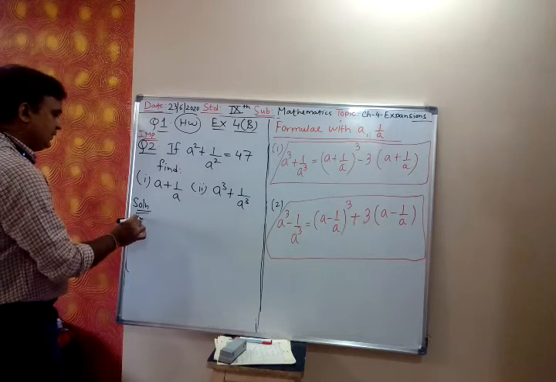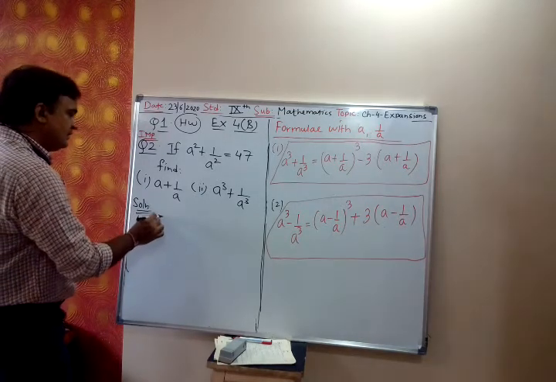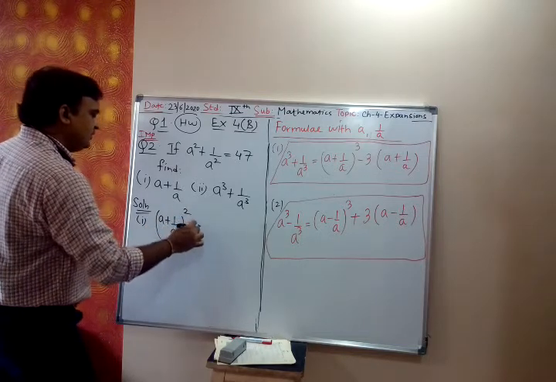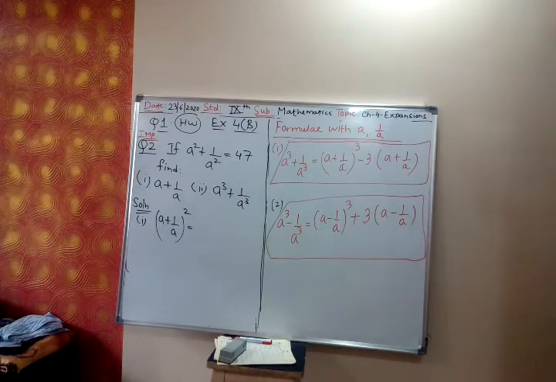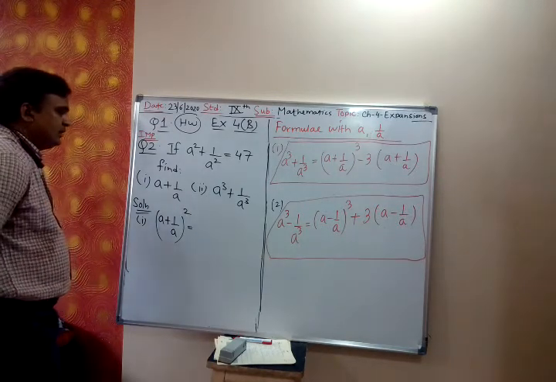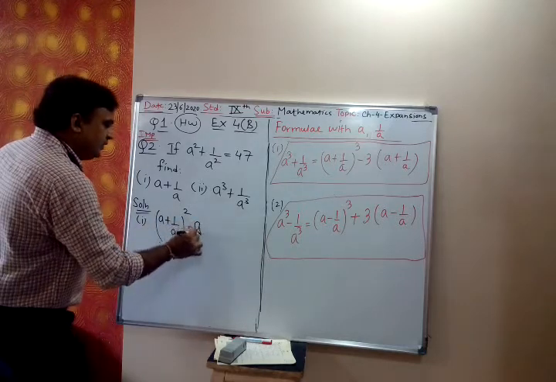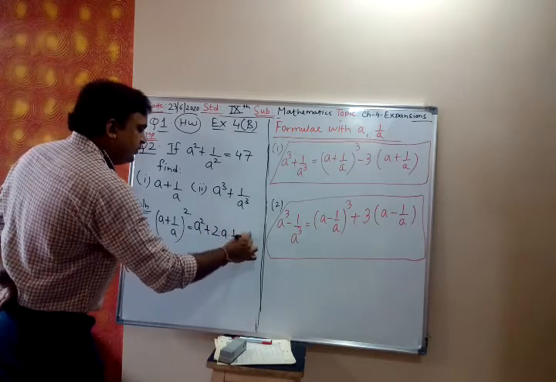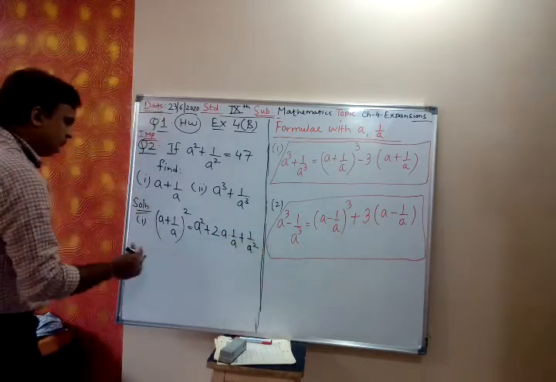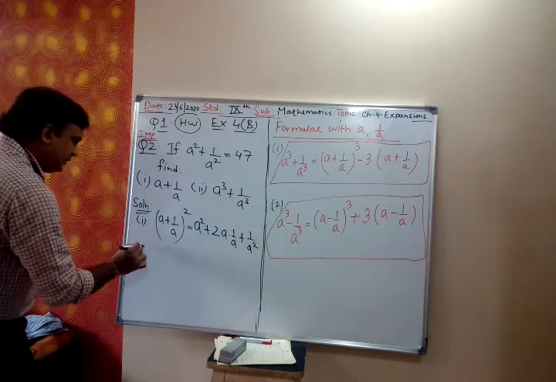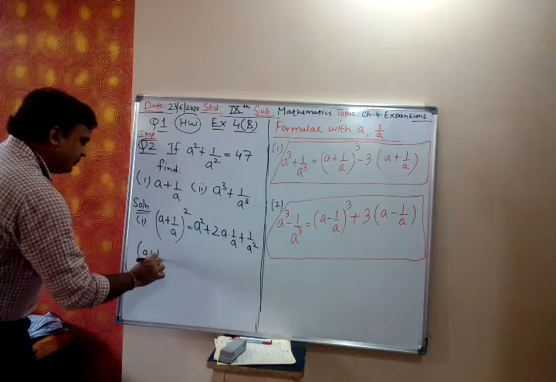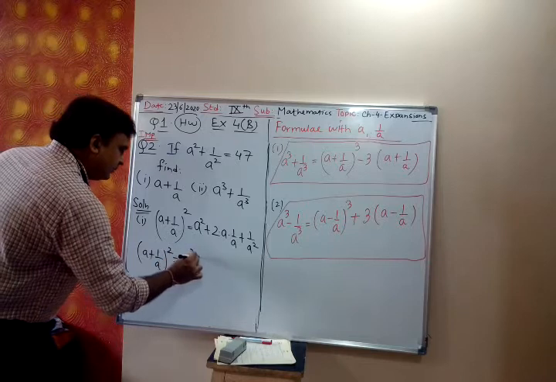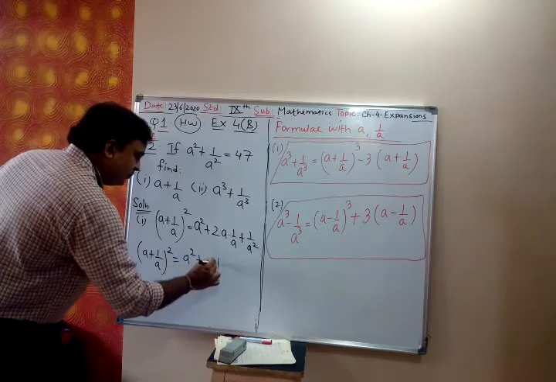Let us find first a plus 1 upon a. So I will consider a plus 1 upon a whole square. What is that formula for a plus b whole square? A plus 1 upon a whole square will be a square plus 2 into a into 1 upon a plus 1 upon a whole square. The a gets cancelled, so it is a square plus 2 plus 1 upon a square.